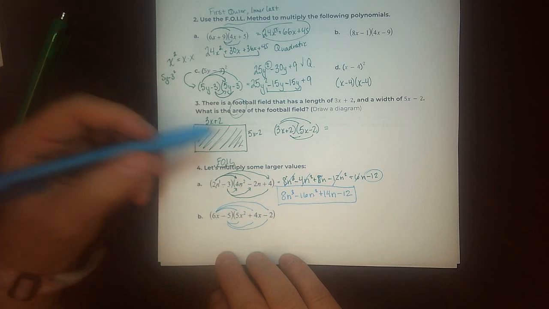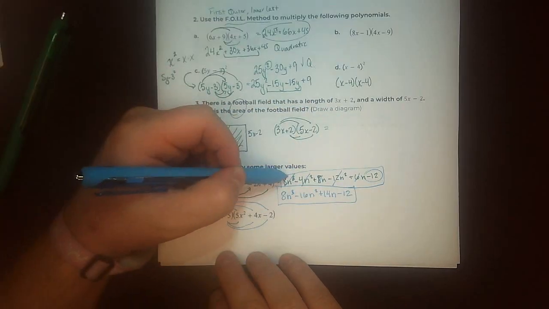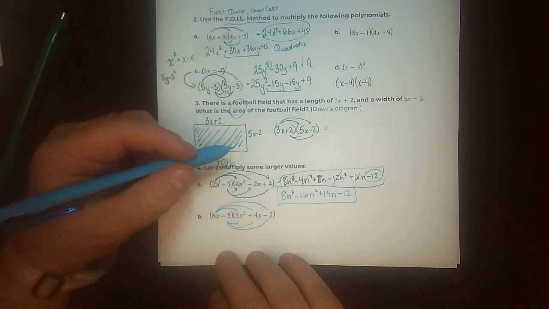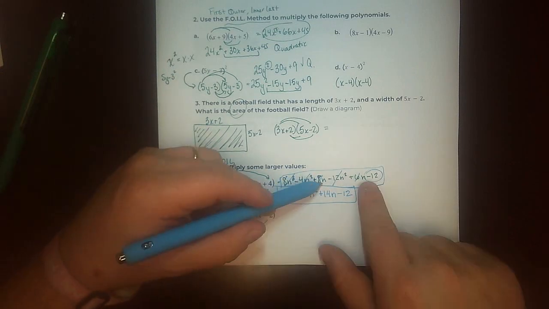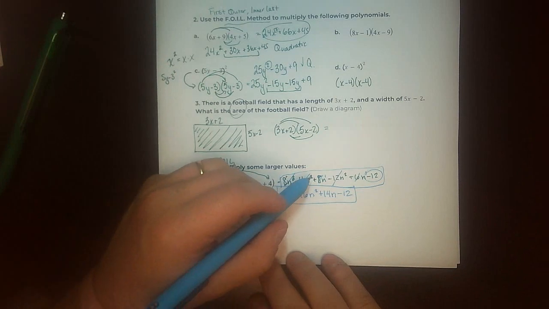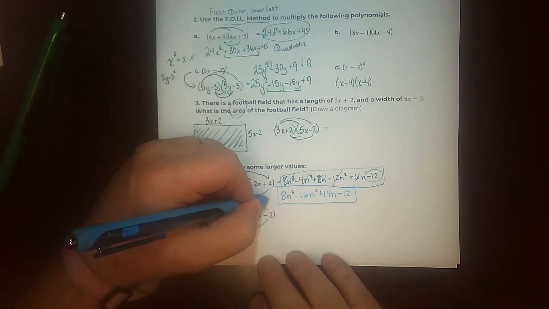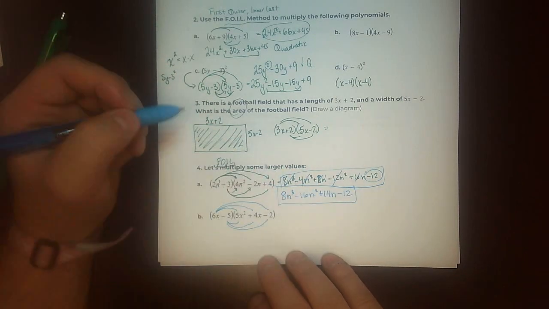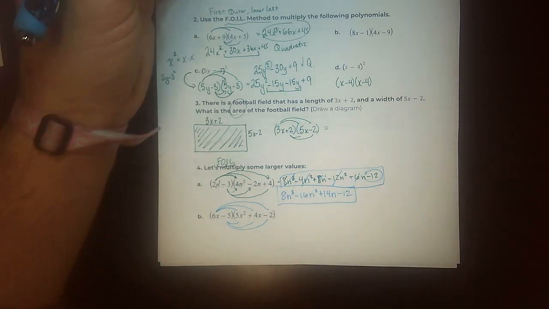So just like this one, you're going to start out with 6 terms in your answer, but you're going to have like terms to combine. You're going to have some squareds to combine, just some normal exponents of 1 to combine. So never leave it like this. You have to simplify it, and also make sure it is in standard form, meaning biggest exponent down to the smallest. So again, you can pause it to complete that if you'd like, or do it after you complete watching this video.